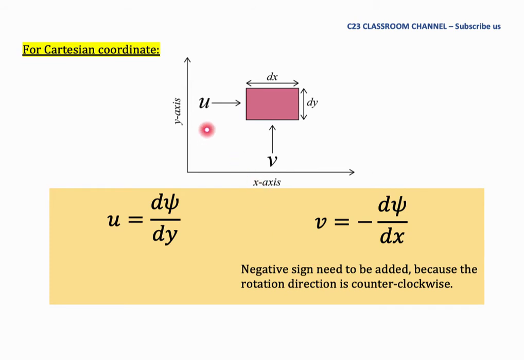So for example here, we want to develop the relation between the component velocity u and the stream function. We could write u equals d psi over dy. Because we are focusing on the component velocity, d psi here means a small portion of the stream function at this element only, over dy, which means the cross-sectional area the velocity goes through.